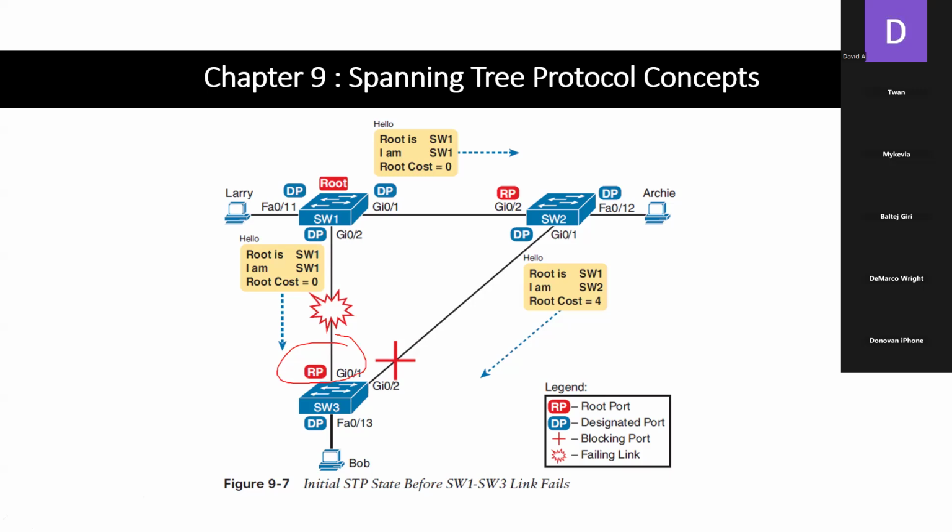After convergence, gigabit 0/1 might need to be a root port or a designated port. The switch will immediately say, hey, I'm going to put you in a blocking state once I start to perform spanning tree convergence again.